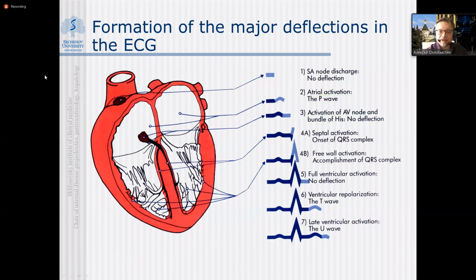Delay means that there will be a delay after the termination of the P wave and the beginning of the ventricular complex. And typically, we say that the delay is due to activation of the AV node. Well, it's more or less true, because there will be some certain period of physiological delay before ventricular activation.